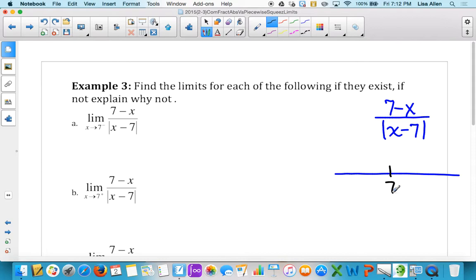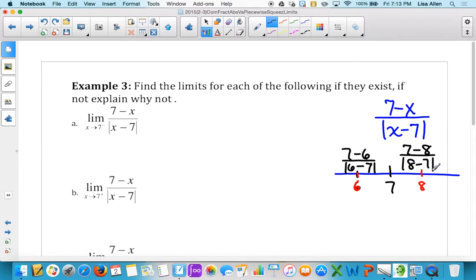So before we get into the algebraic expression, I'm going to say 7 minus 6 over the absolute value of 6 minus 7 to the left. And then to the right, I'm going to pick another value, 8. So 7 minus 8 over the absolute value of 8 minus 7.